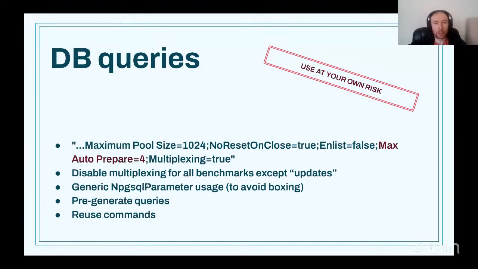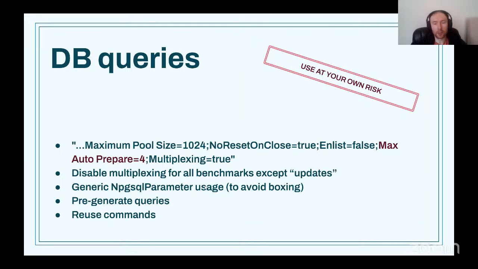Also, instead of using Dapper, I used NpgsqlParameters. Actually, if you're using Dapper, you are good. When I changed Dapper to raw ADO.NET, there was not much difference. So you are good to go with Dapper as well. But I wanted to see how I can just use the Npgsql driver itself, and I used NpgsqlParameter, and it's generic.